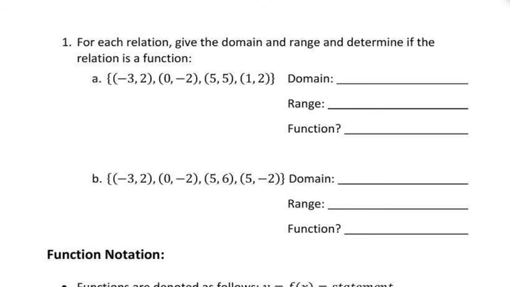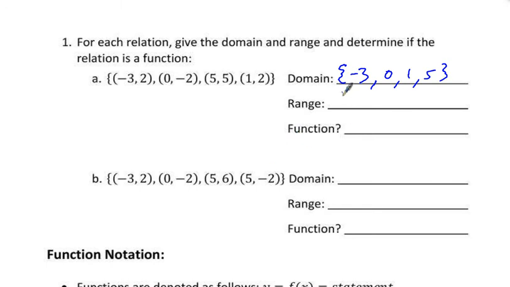So we take a look here at example 1. For each relation, give the domain and range, and then determine if it's a function or not. Alright, so the domain. And we generally write these in ascending order. So -3, 0, 1, 5 are the x values.